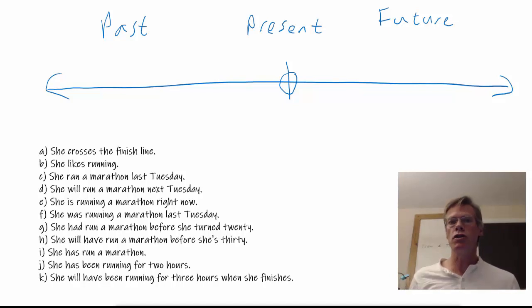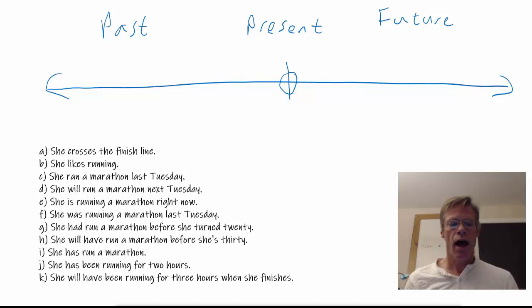Now, different languages represent that grammatically differently. So some languages use tenses, other languages use aspect, and still other languages have neither, where they've got adverbs or preposition phrases that represent places on the timeline. English uses both tense and aspect.